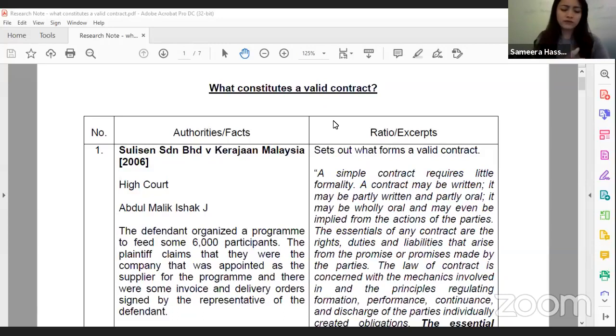The developer would have shortlisted candidates, or shortlisted subcontractors, and call them to put on their tender presentation to show: this is our services, this is our quotation, and so on.